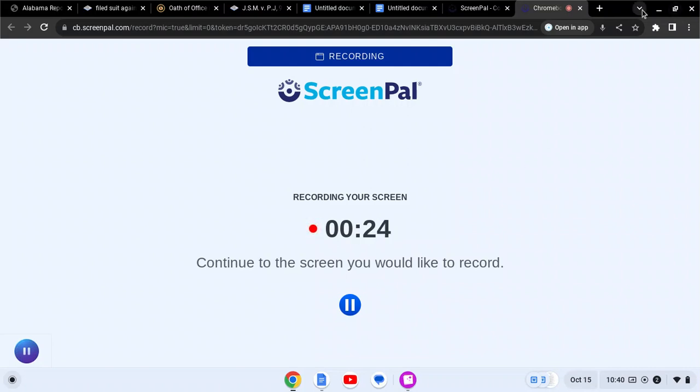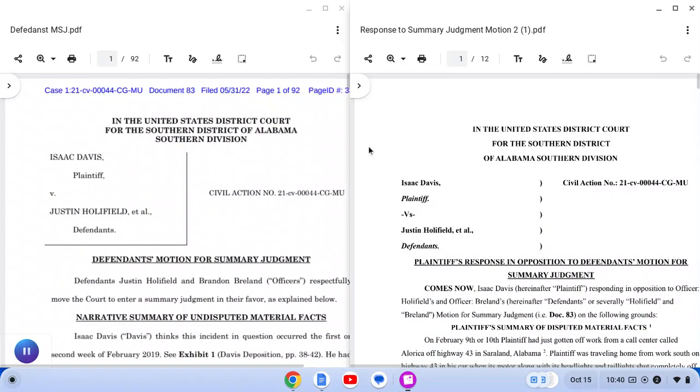All right, so I'm going to jump right into this. I'm trying something out, so just bear with me. This is a little new for me, but I've managed to split the screens so that y'all can see their argument. This is defendant's motion for summary judgment, and then you'll see my response in opposition to defendant's motion for summary judgment.